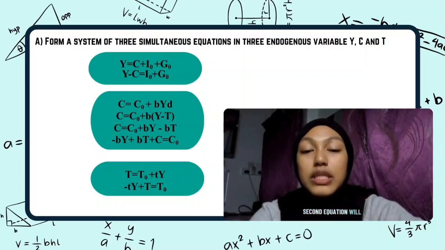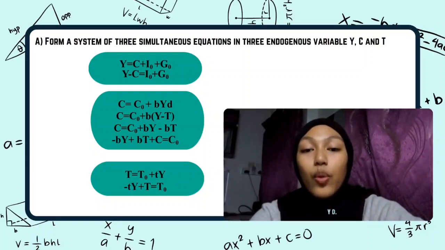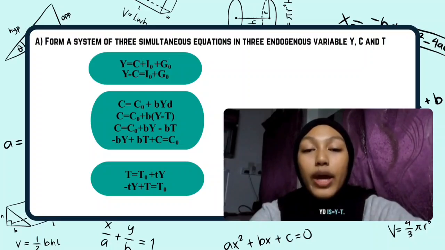The second equation will be c equal to C0 plus bYD. YD is equal to y minus t. We need to substitute the YD equation into c, and it will be c equal to C0 plus b bracket y minus t.